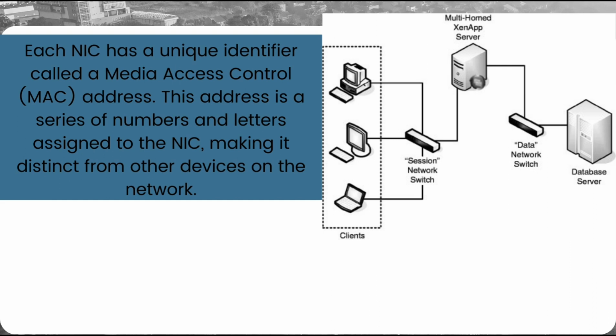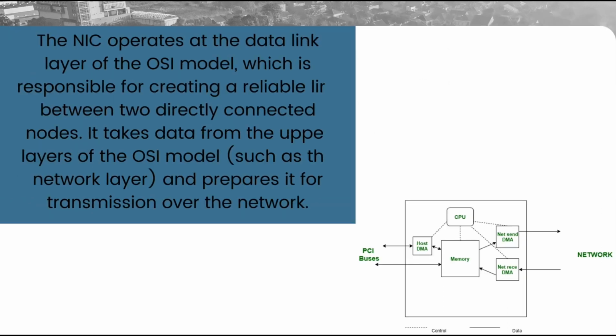Each NIC has a unique identifier called a media access control, MAC, address. This MAC address is a series of numbers and letters assigned to the NIC, making it distinct from the other devices on the network.